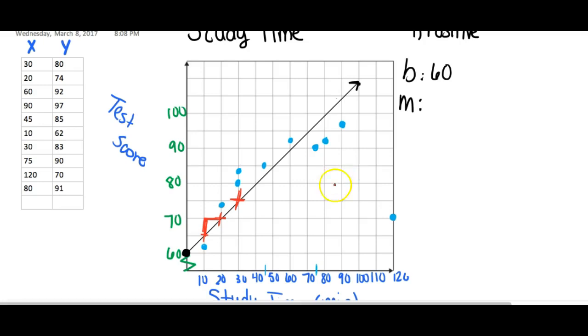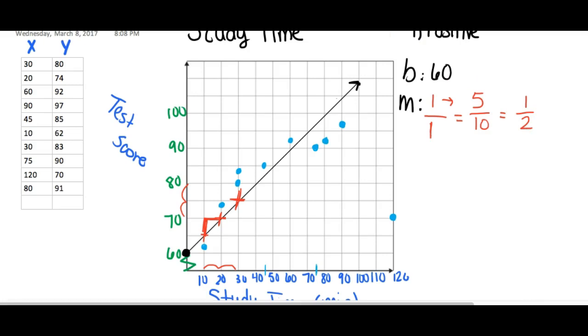So I went up 1 square and right 1 square, but this is really going to be up by 5 and right by 10, which reduces to 1/2.